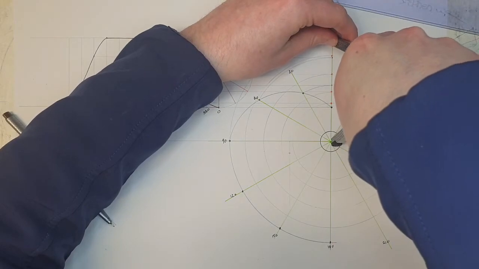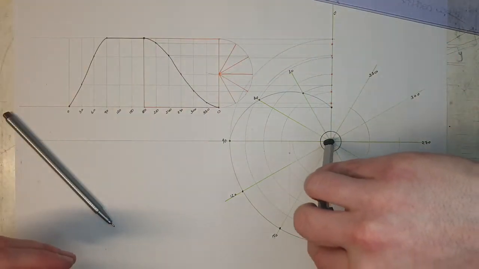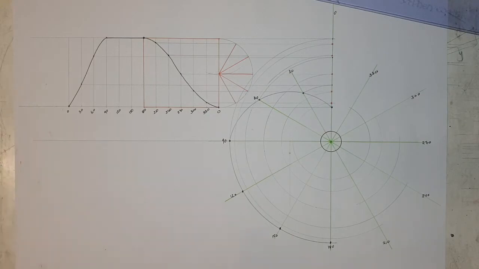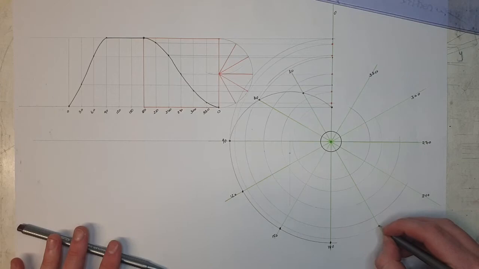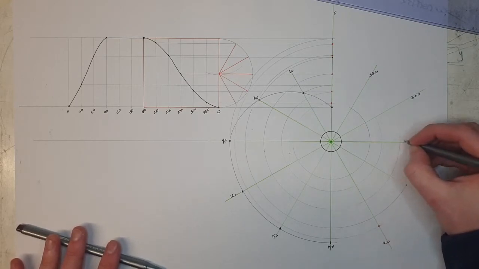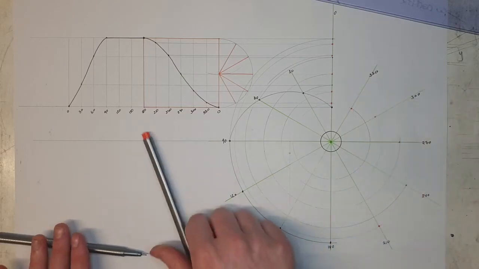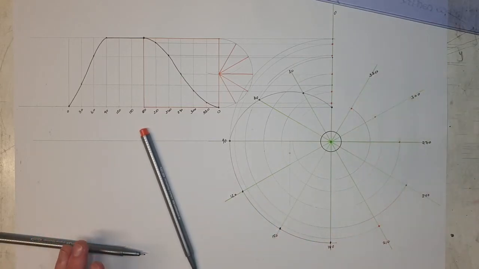And finally the 210. So those are the points for the simple harmonic motion.